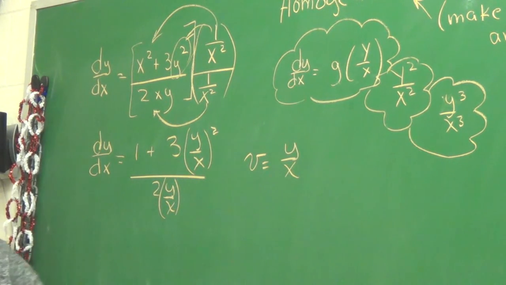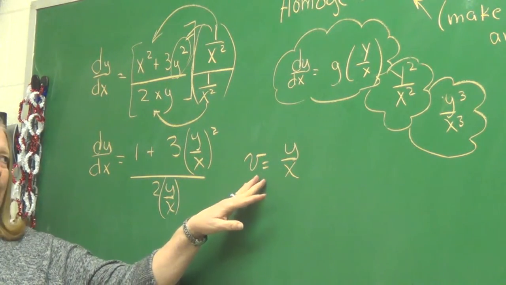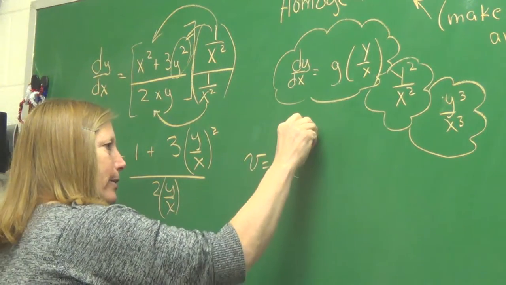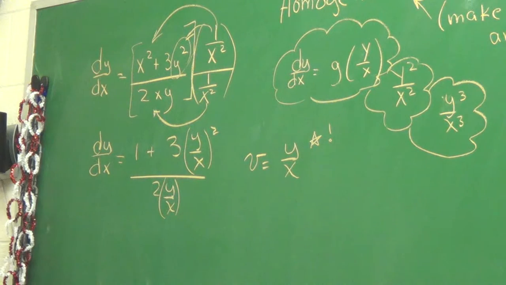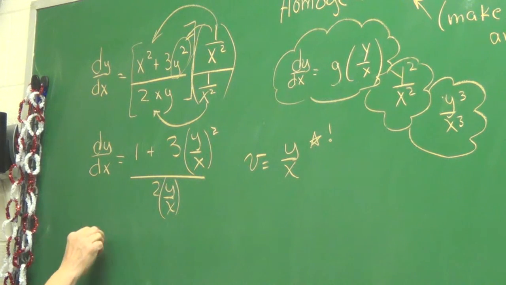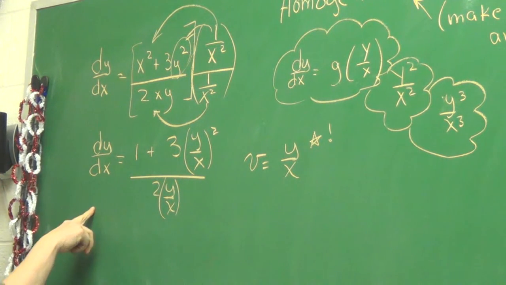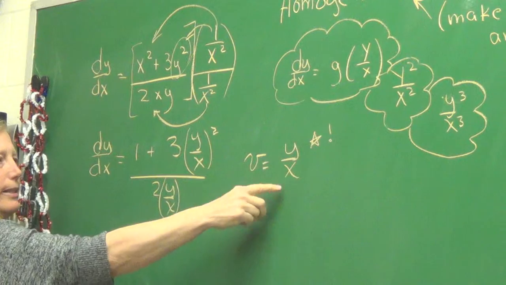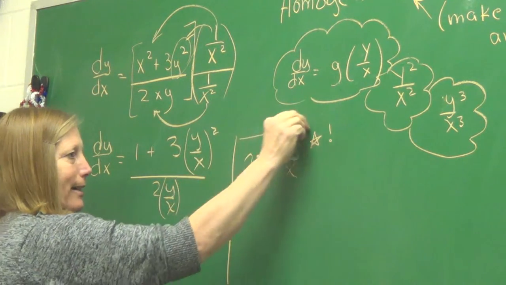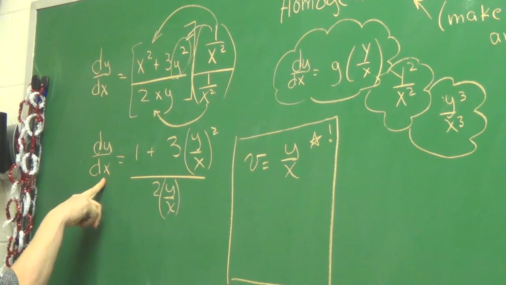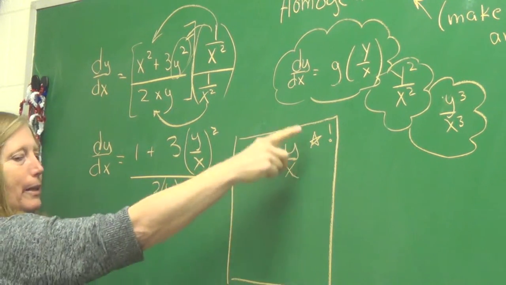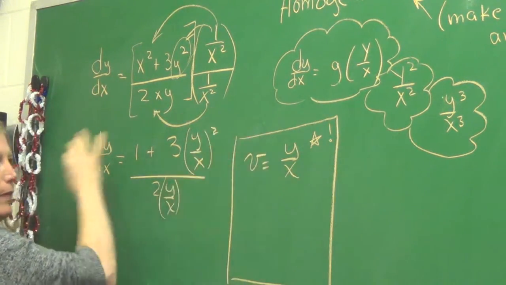This is always the substitution that you're going to need, so you might put a little star or an exclamation point that this is always going to be the variable substitution in this kind. So when I do that, first of all, I hit dy dx, but I have to use this substitution, so I'll make a little box. I can't just put in dy dx anymore because I'm substituting this mess everywhere.